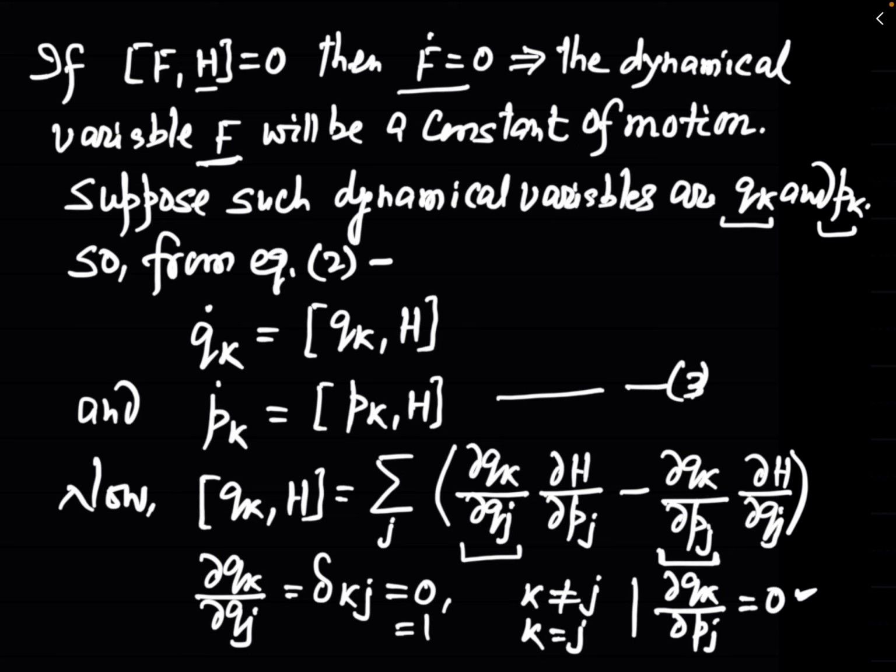And instead of del QK by del QJ, we will now write delta Kj. So Poisson bracket of Qk and H will be what? You can see. Therefore, Poisson bracket of Qk and H. What will be this?